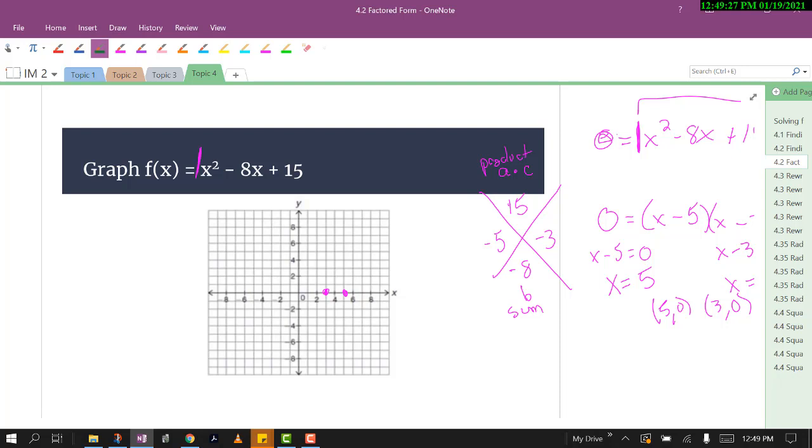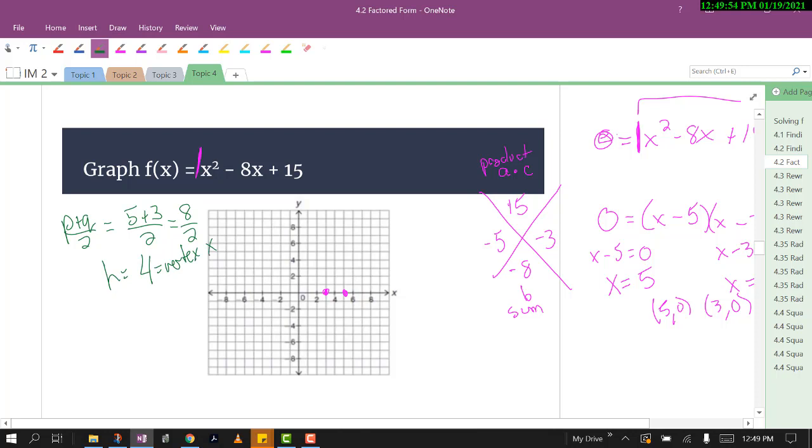So remember, to get our vertex x, we take the average of the zeros. So our p plus q divided by 2 would be 5 plus 3 divided by 2. That's 8 divided by 2, and then 4. Hopefully that was obvious. 4 is directly in the middle of 3 and 5. So we have our x-coordinate.